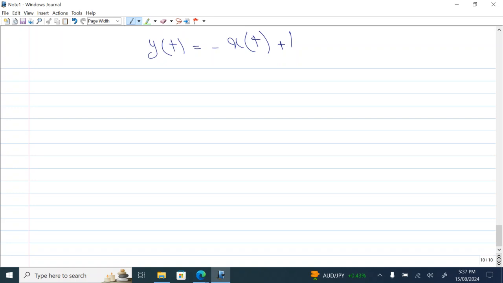Take this one. Multiply by just 2t, because that's your output, right? That's the output of this system. What this system does is your input will be multiplied by 2t.